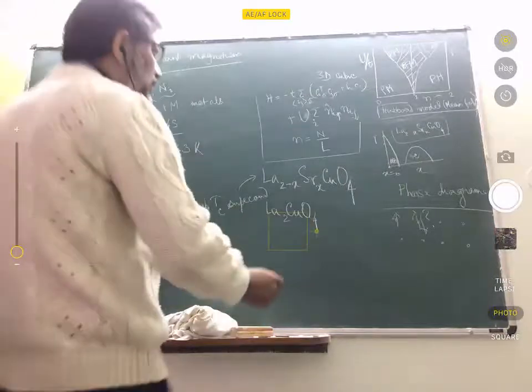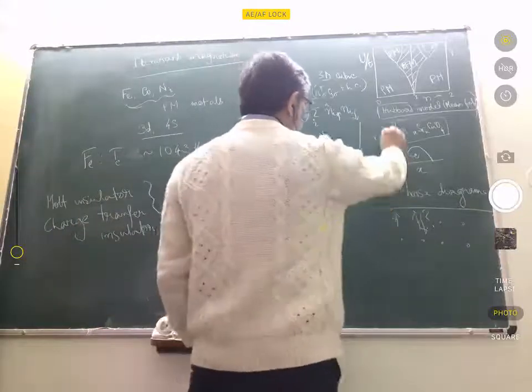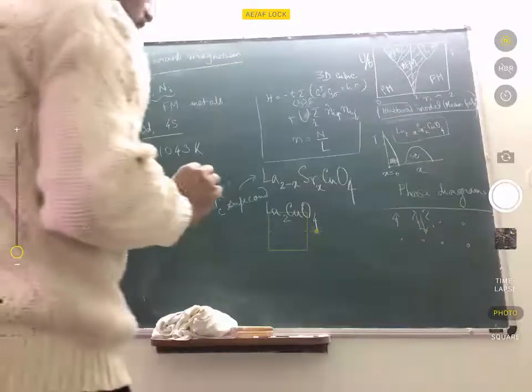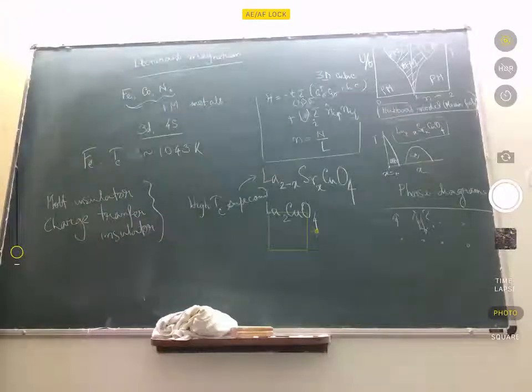But apart from those details, the point is that these are insulators because of electron correlation effects, which also gives rise to an antiferromagnetic order.